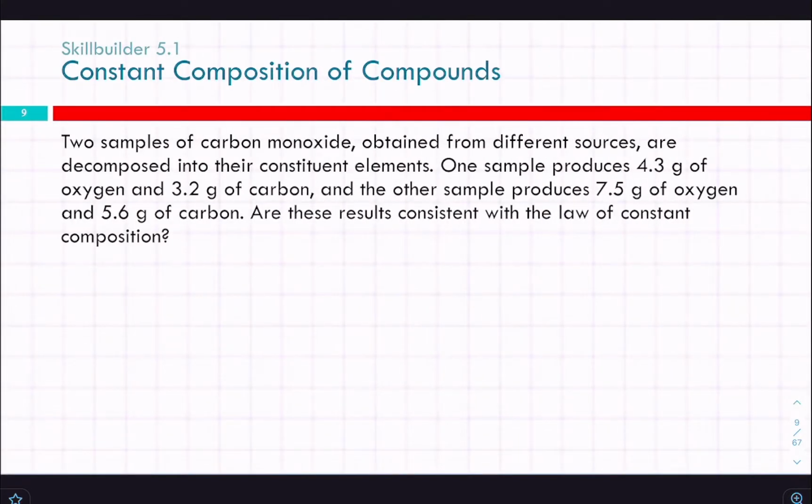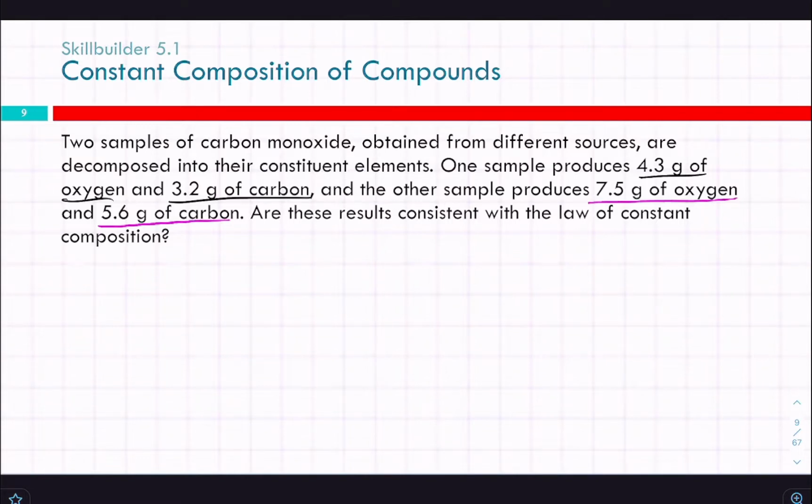So if we have 2 samples of carbon monoxide obtained from different sources, and they're decomposed into their constituent elements, one sample produces 4.3 grams of oxygen and 3.2 grams of carbon, and the other sample produces 7.5 grams of oxygen and 5.6 grams of carbon. Are these results consistent with the law of constant composition?